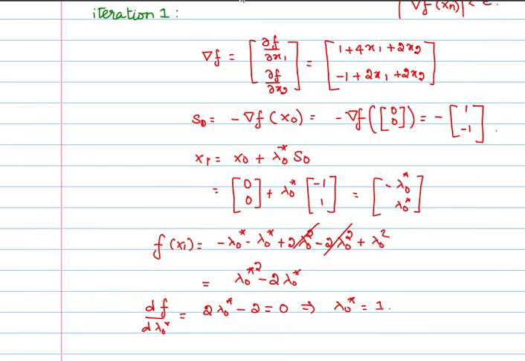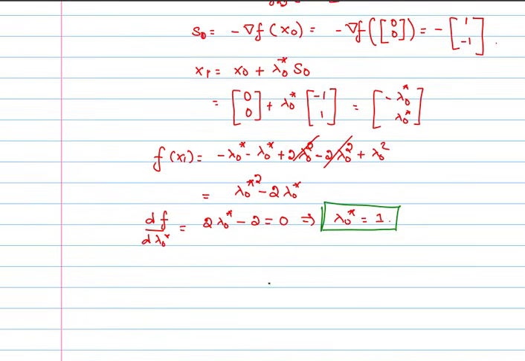This is the optimum value for lambda naught star. Now I want to fix x1 equal to x naught plus lambda naught star times s naught, where the s naught value is minus 1, plus 1.